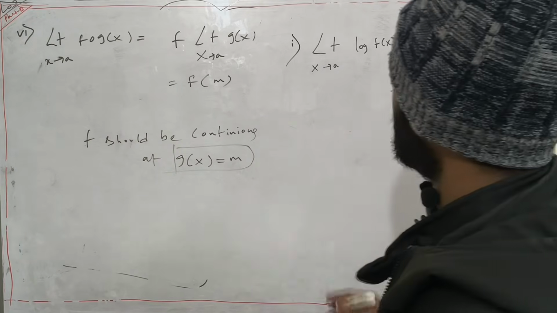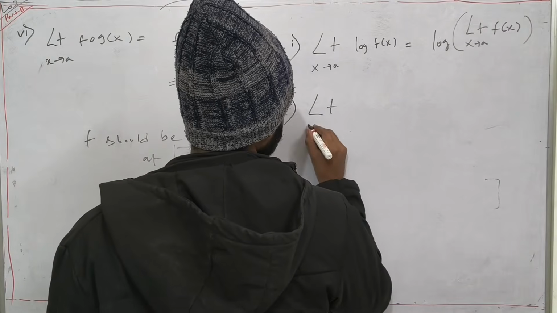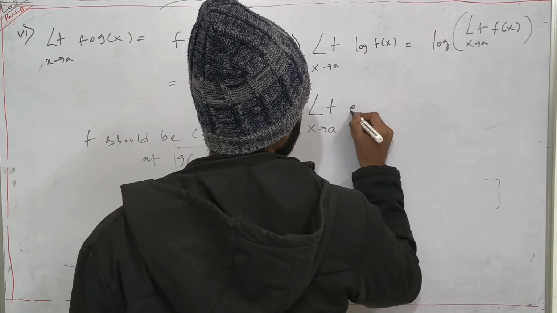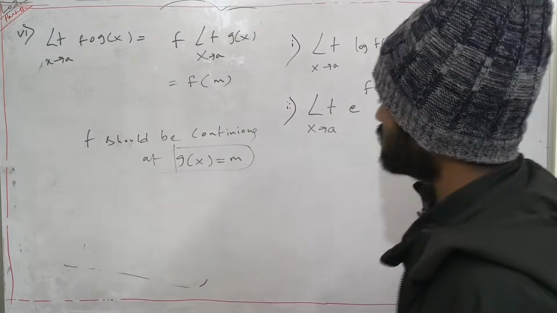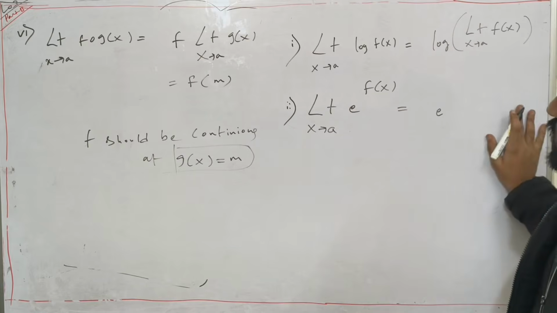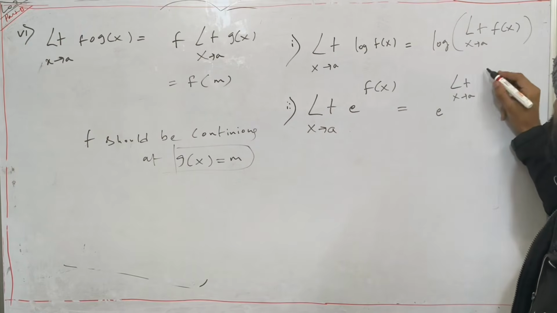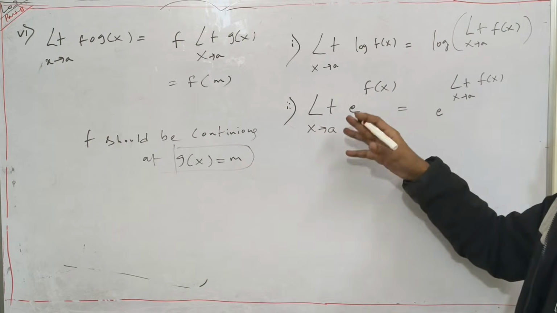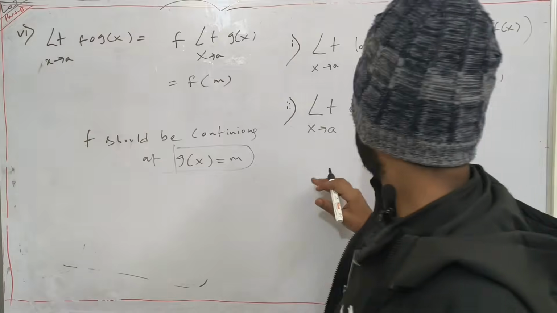The second thing is limit x tends to a of e power f of x. When the questions are like this, you can use limit x tends to a of f of x. If limit x tends to a of f of x exists, then only you can use this rule.